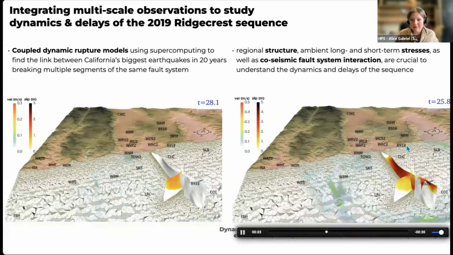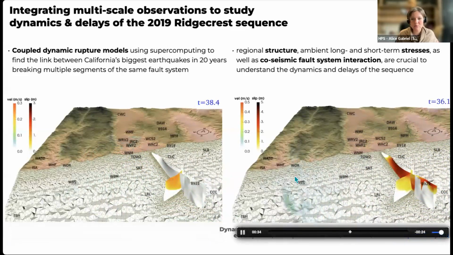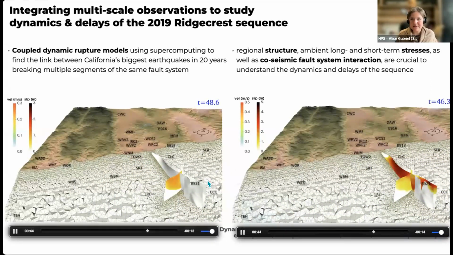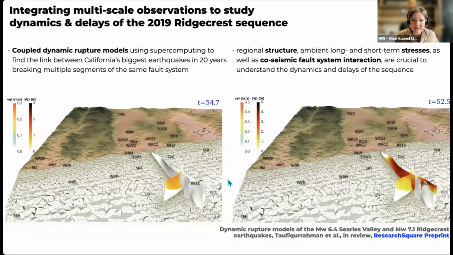The main shock model, which is playing on this side, sees all of the stresses that the foreshock has caused, and they're running in the same dynamic rupture simulation. But there's no aseismic slip here, so it's just two linked dynamic rupture scenarios. And we are including regional structure, ambient long and short-term stresses, as well as the fault system interaction with a realistic geometry here. And we find that this is quite crucial to understand the dynamics and also the delays of the sequence.